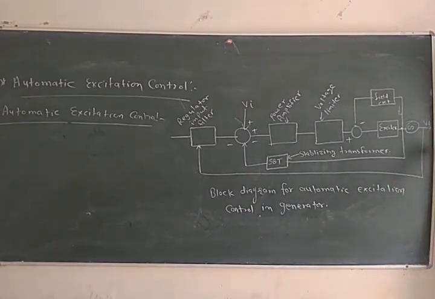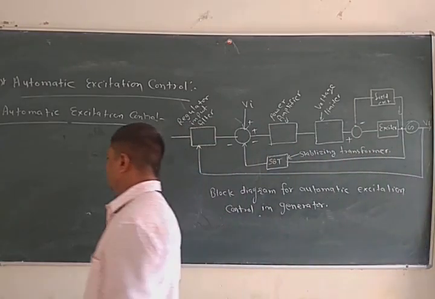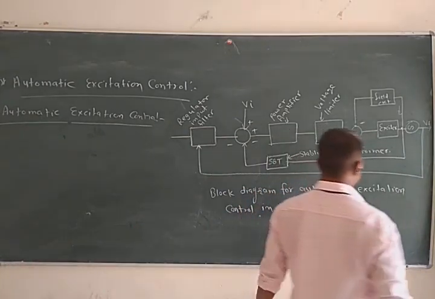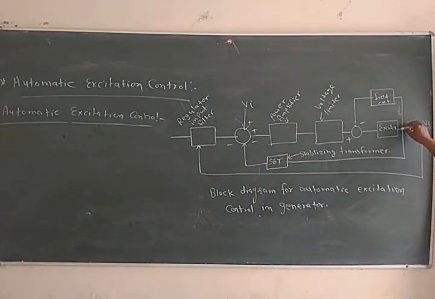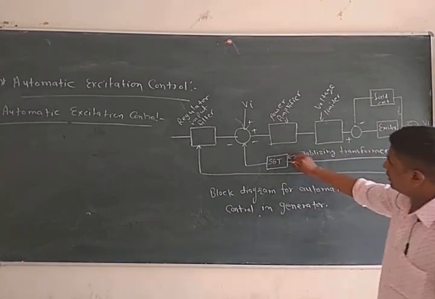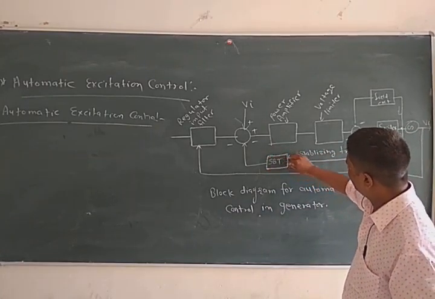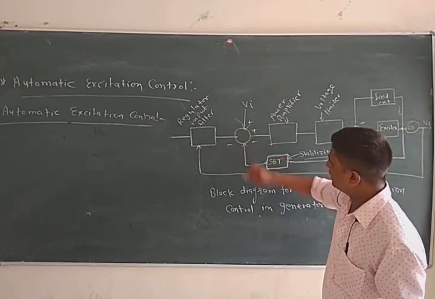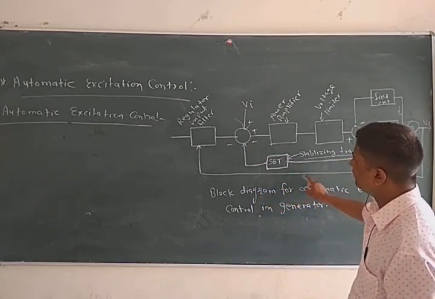In this method, first of all, the terminal voltage Vt of the generator is sensed using a stabilizing transformer, and then this is filtered, and after filtration the terminal voltage is compared with the rated voltage.